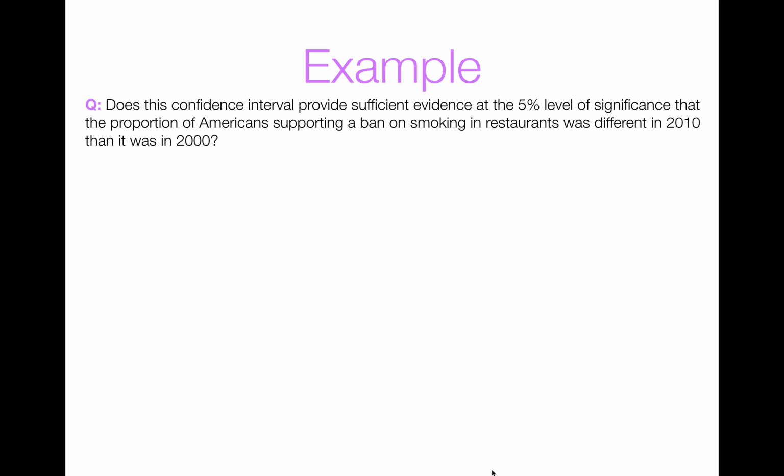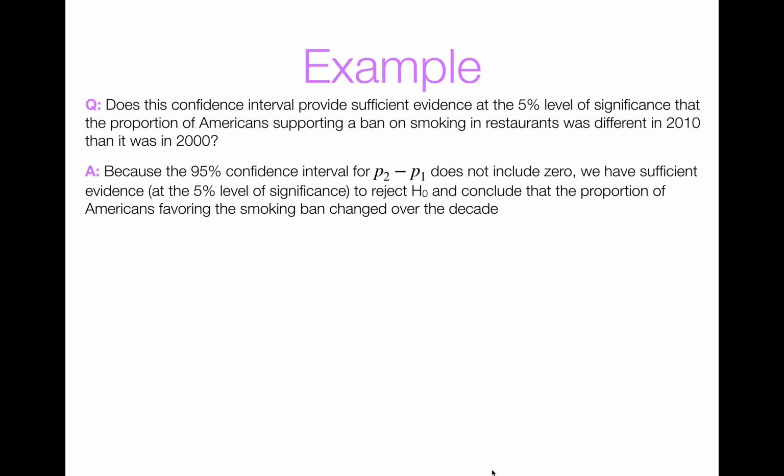No. Our interval started around 0.1 something, ended at 0.2 something. 0's not in there. So because the 95% confidence interval does not include 0, we do have sufficient evidence at the 5% level of significance, because this was a 95% confidence interval, to reject the null and conclude the proportion has changed.